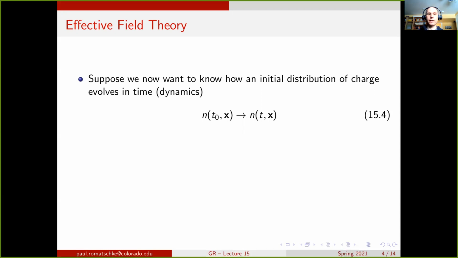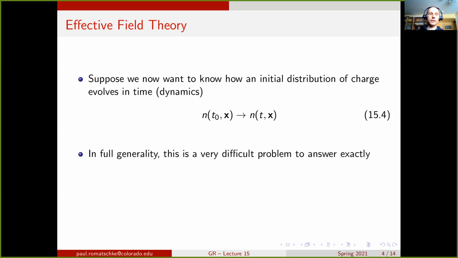So we are asking a question about the dynamics of the system. So what we have to supply is an initial condition for the charge density. Let's say this is n as a function of space variable x at some initial time t0. And what we would be interested in is this charge density n as a function of space for some later time t.